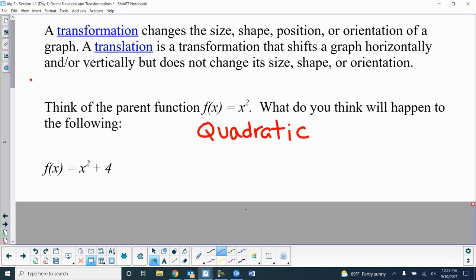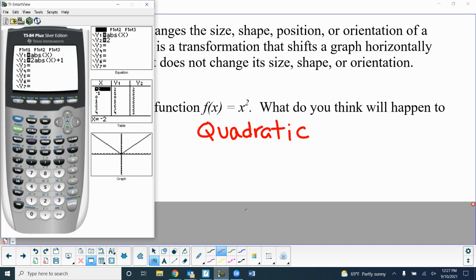So go back to your calculator, hit clear, enter, clear, so that you can start over. What's my parent function? x squared, right? So hit X, remember, right next to alpha. The squared button's over here, a couple down from math. Hit enter.